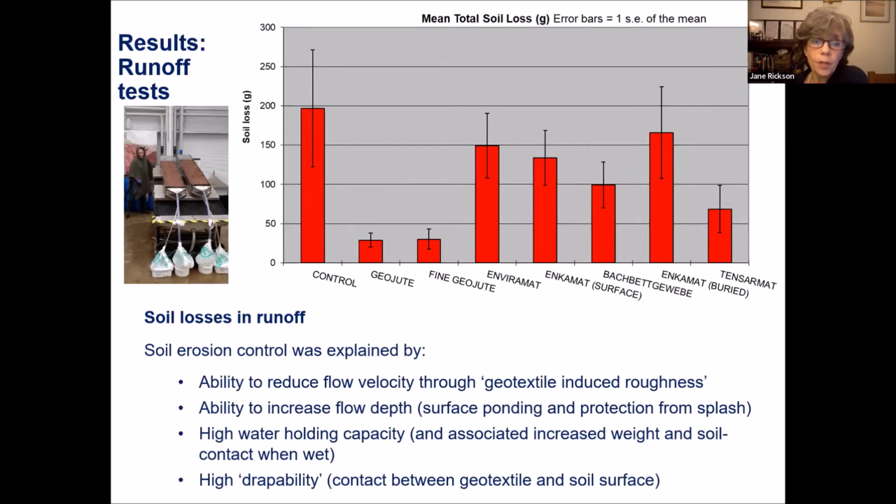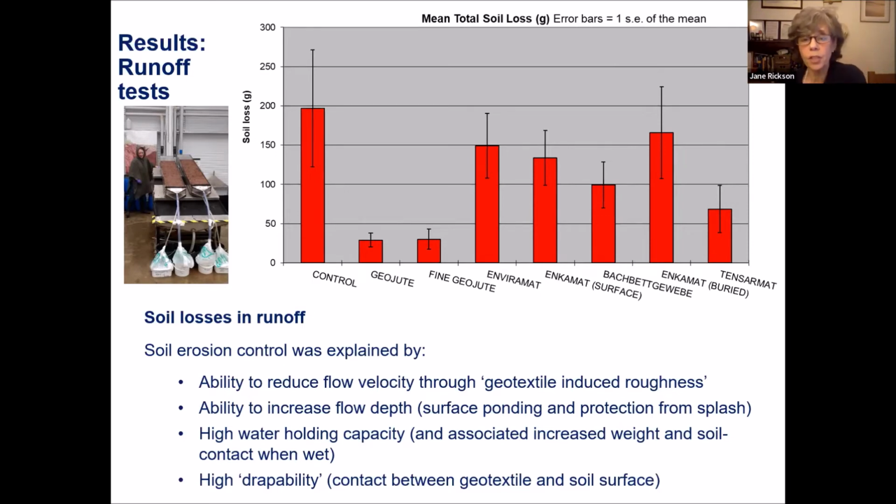And we found that the soil loss control was explained by things like the geotextile induced roughness, the ability of the product to impart roughness to the flow. The flow was so busy overcoming that turbulence and that friction that it lost any energy to then detach and transport the particles of soil.